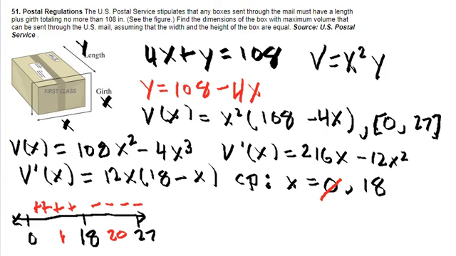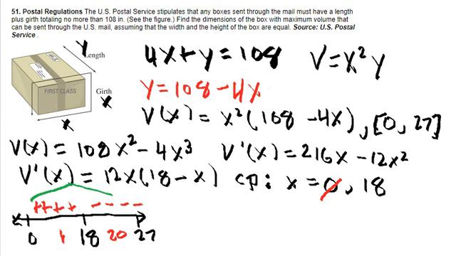Well, what this means is that the function is increasing and then it decreases. That's a little off, but it's okay because essentially I'm done, because I've shown that I have an absolute maximum at 18.